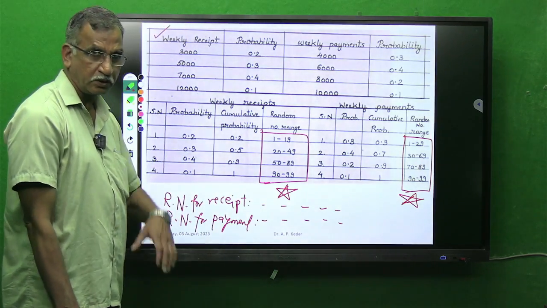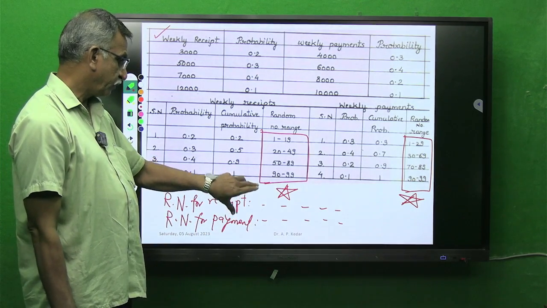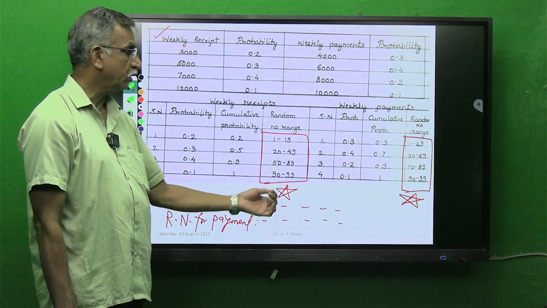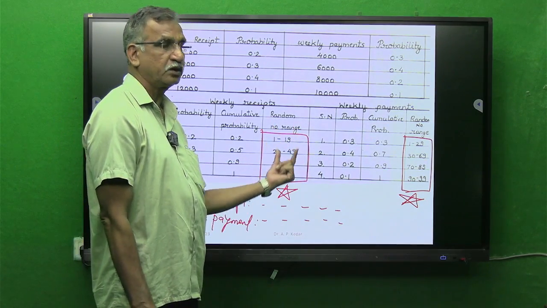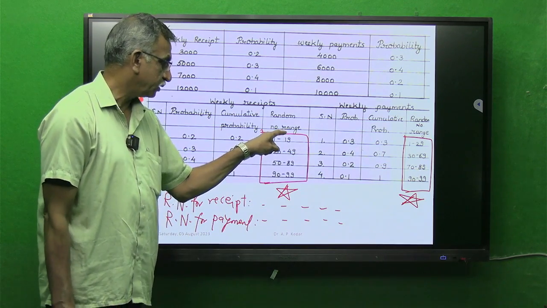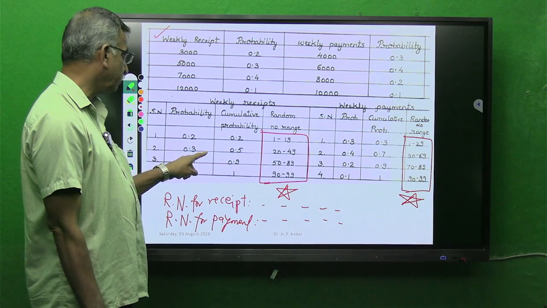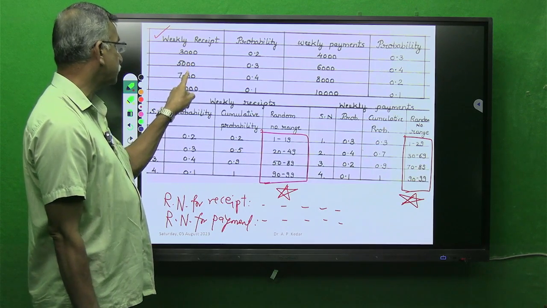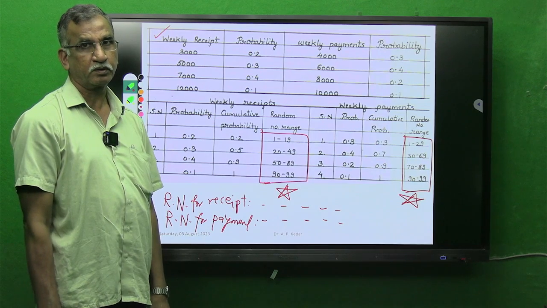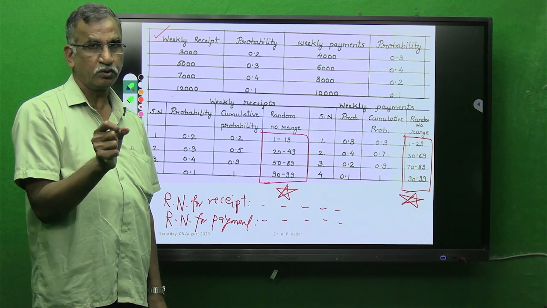We are provided with 12 values. So our task in next calculation will be to find where that particular random number in given order falls in which random number range. And suppose the random number falls in that particular range, then we will focus our point to corresponding receipt or payment, and then we will start from week 0 with initial balance.